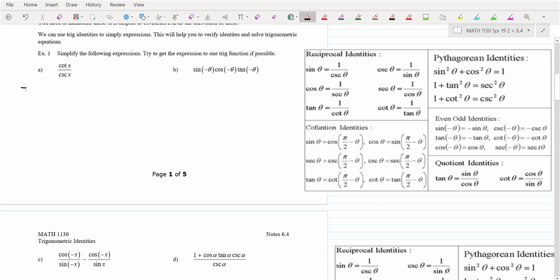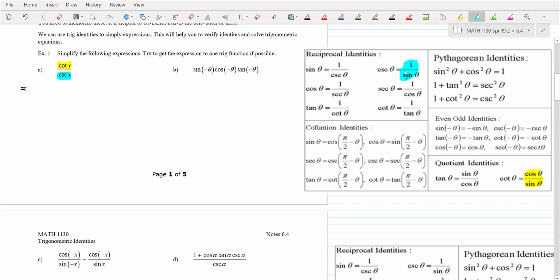So I'm just going to look at identities, and you have to just try stuff. If I look at a cotangent, one possible identity I can use is cosine over sine. If I look at a cosecant, one possibility is that the cosecant is 1 over sine.